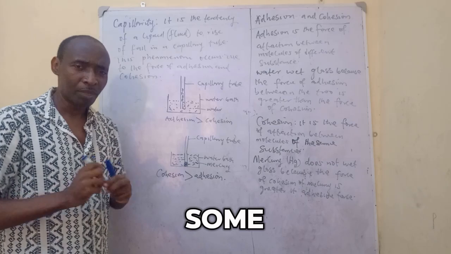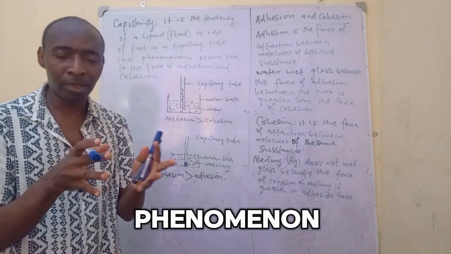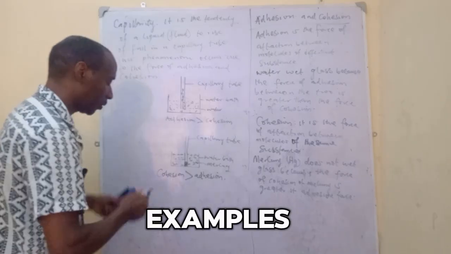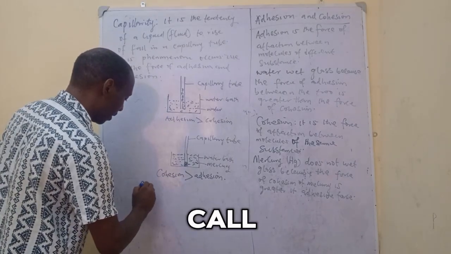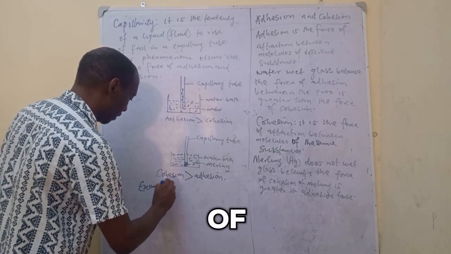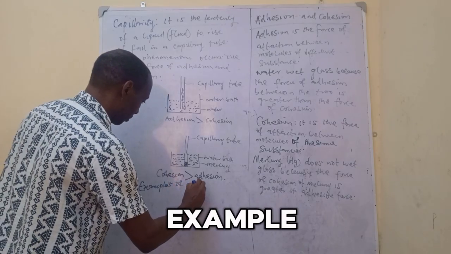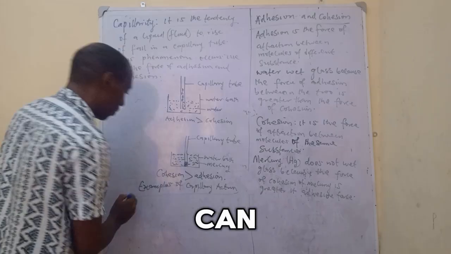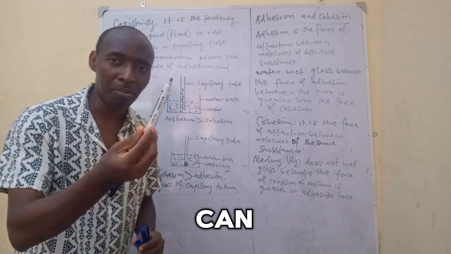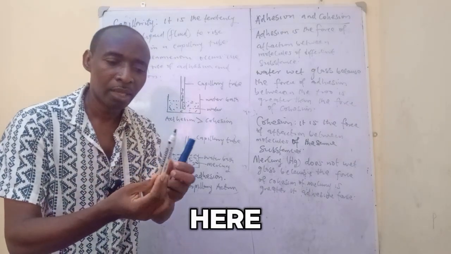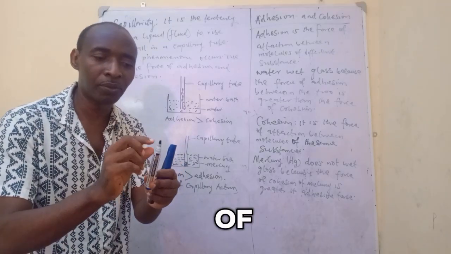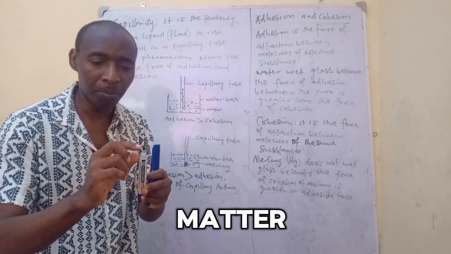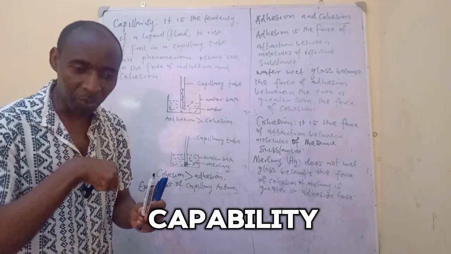Then we have some areas where this phenomenon takes place. Examples of capillary action. One, you can see this is our marker. The ink rises to the nib of this marker because of the phenomenon of capillarity.